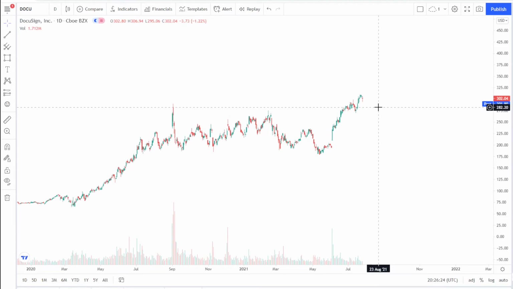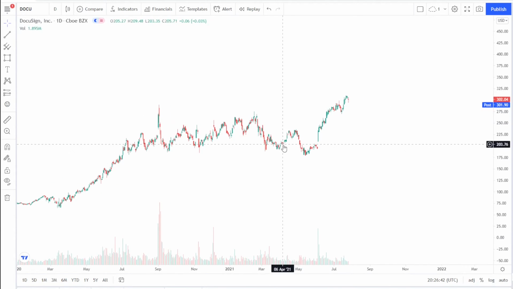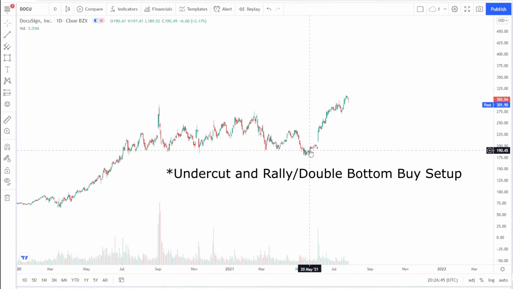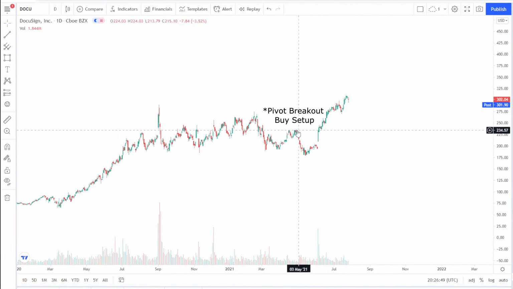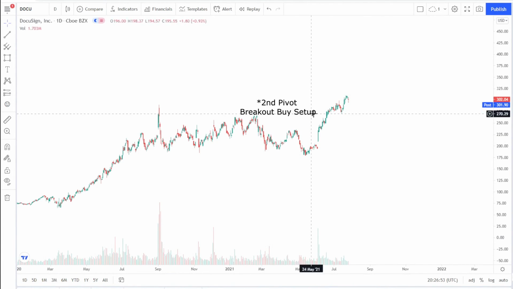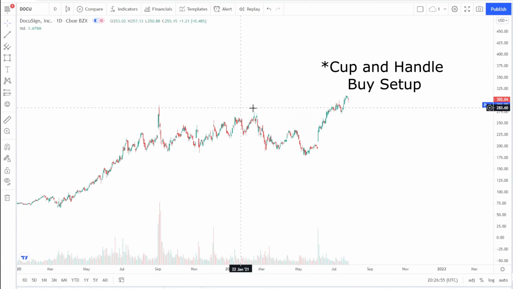It can be very risk to reward favorable. So just look out for stocks that are building these beautiful cups. Watch for them to form a handle. There's multiple buy setups here. As you can see, we have the undercut and rally, double bottom buy setup here. Got a pivot here we can buy, the pivot here we can buy, and then the cup and handle we can buy as well.